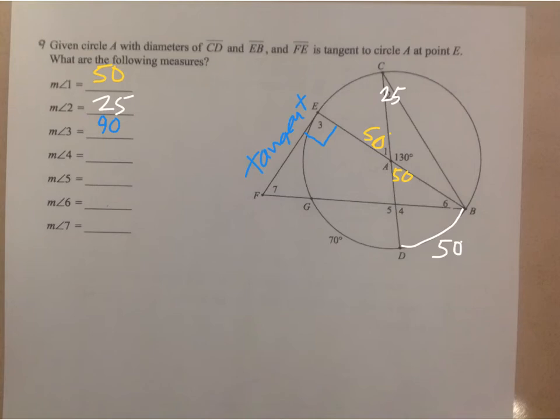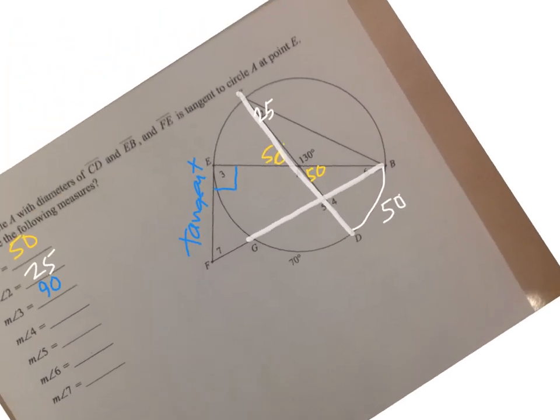To figure out number 4, it's going to require a little more thought. To find out 4, you're going to have to think of it this way, with the interior angle being formed by those two chords.